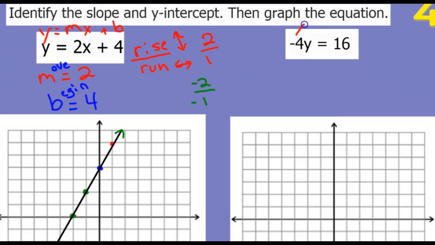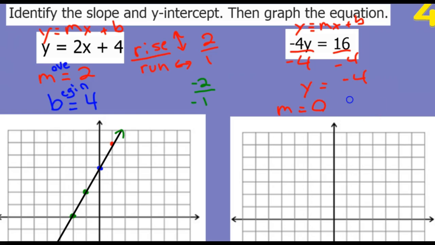Here we're trying to get y equals mx plus b. But I don't see any x's. So I'm still going to have to get y by itself, so I'm going to divide by -4. So y equals -4. So it looks like our m, since we don't have one, is 0.